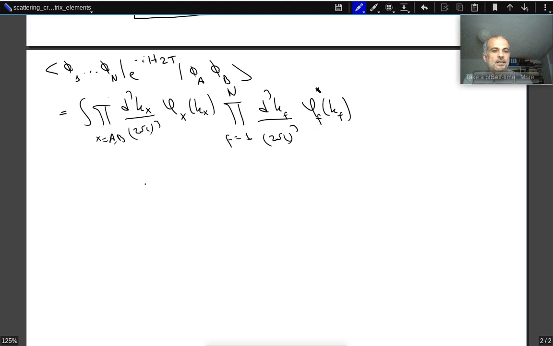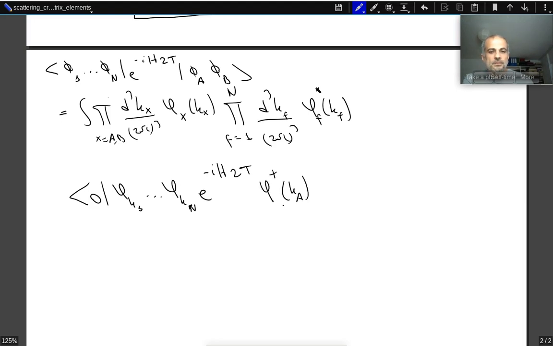And inside I have the vacuum, phi k1 up to phi kn, e to the power minus i H 2t, phi dagger ka, this is for the A particle, phi dagger for the B particle, kb.